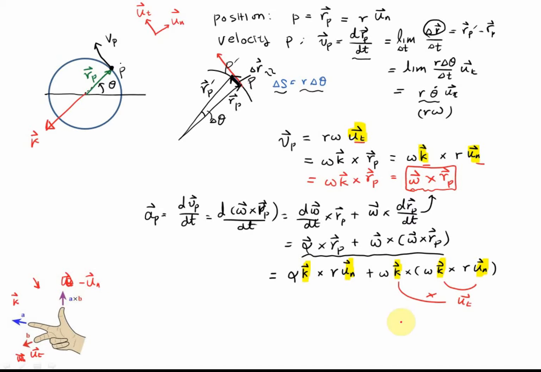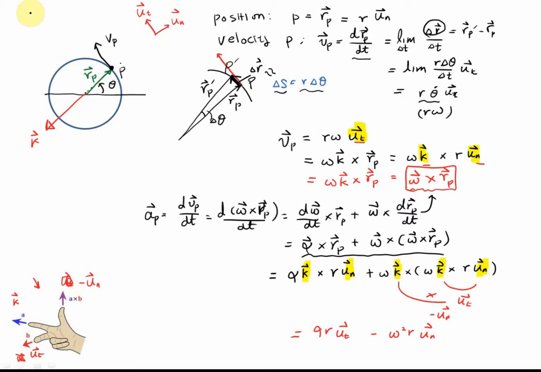So the result is the negative un vector. These are all scalars, so we put negative omega squared r un like that. And k cross product un is ut, so we get alpha r ut.